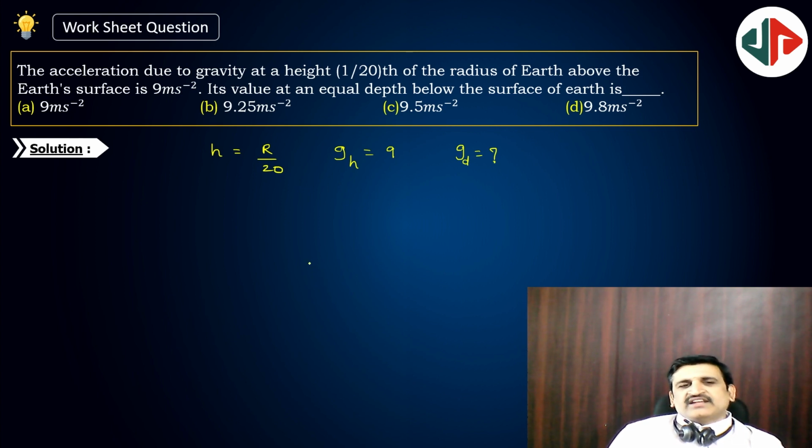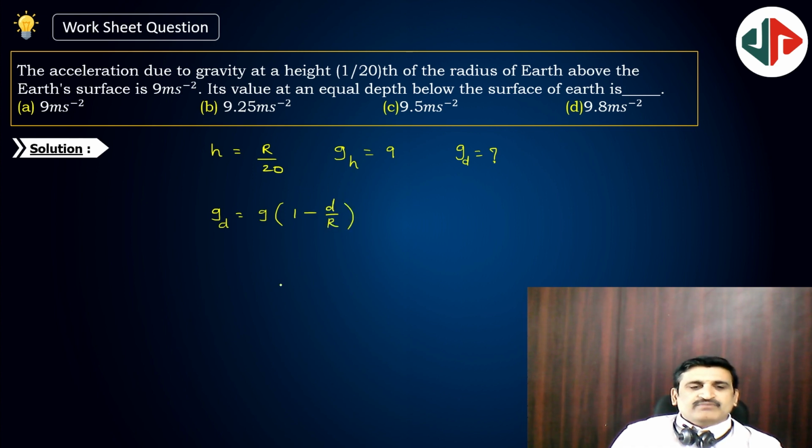R by 20 is not a small value. We shouldn't use 1 minus 2h by R because it's not a small one, it's a large one. So GH is equal to 9. So GD will be how much? GD is equal to g into 1 minus d by R, this is depth.